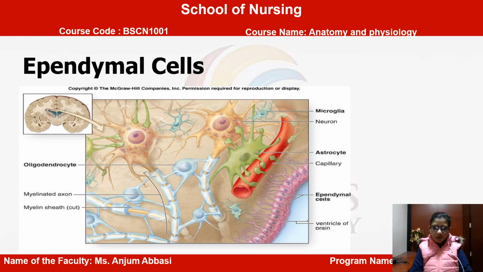In the last, you see this pinkish lining which looks like epithelium, so it is known as ependymal cell, lying in the outermost portion, that is the ventricle of the brain. And on the left side you can see the oligodendrocyte, which we will learn in the next slides, and the myelinated axon. Myelination means covering of the axons, and this is the myelin sheath.